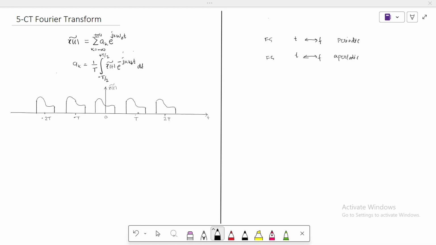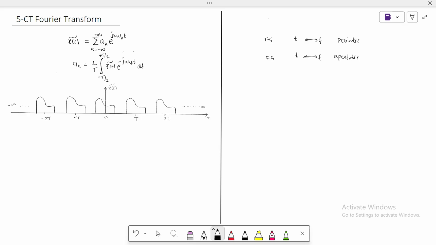This pulse is repeating for every time period up to plus infinity and to minus infinity. Previously we took the Fourier series to convert the time to the frequency.